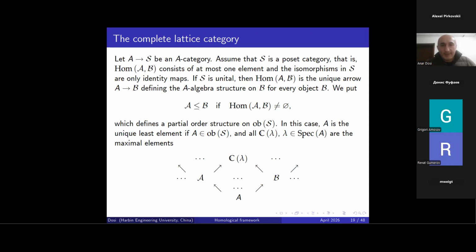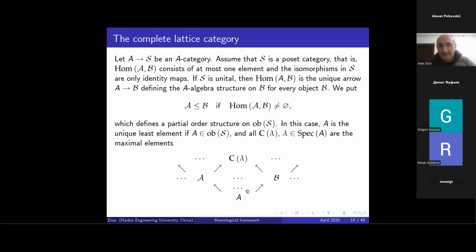Well, if S contains the original algebra, then Hom from A to B is a unique arrow, right? Because there should be nothing else here defining an algebra structure. So we can define the order here like that: A less than or equal to B if Hom is not empty. This defines a partial order structure on the objects.